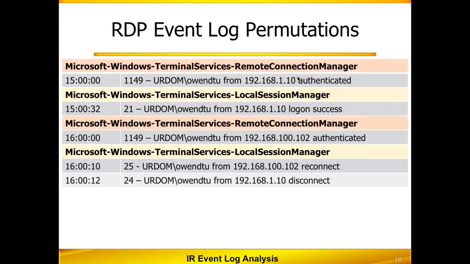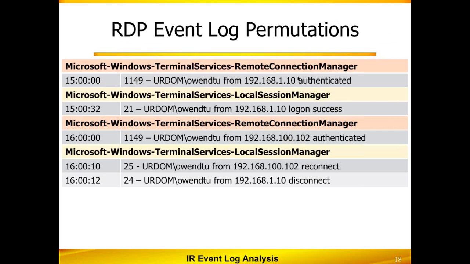And you can see the 21 event, which shows that logon being successful. Then a little bit later, you actually see them logging in from a different IP address, right? So notice the 1149 event that's happening at 1600 comes from a completely different IP. Now, typically when that happens, if you're logging in as the same user but from a different IP, the current session gets kicked, right?